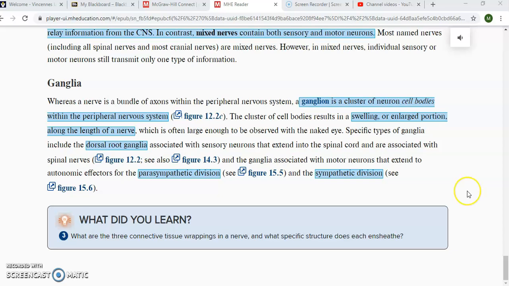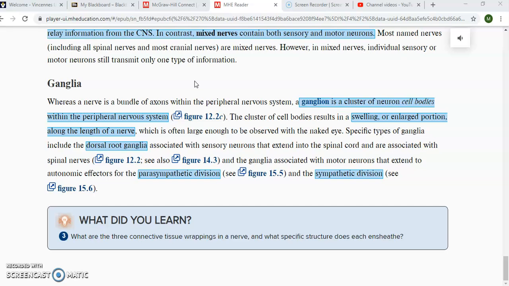Now, the other structure that you can find in the peripheral nervous system is called ganglia, so that's plural, and ganglion is singular. Nerves are generally a bundle of axons and pretty narrow. But the other part of a neuron is more wide. It's called the cell body, and it has the nucleus in it.